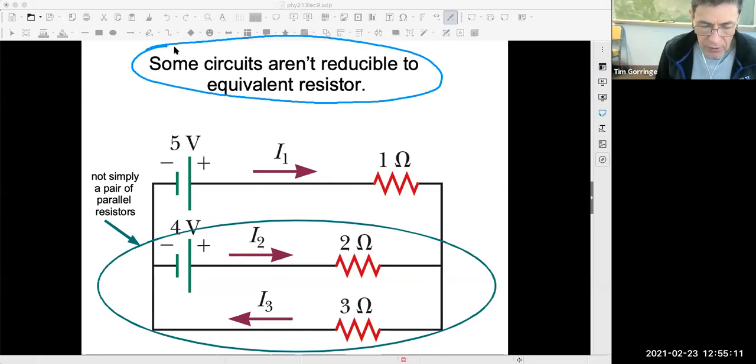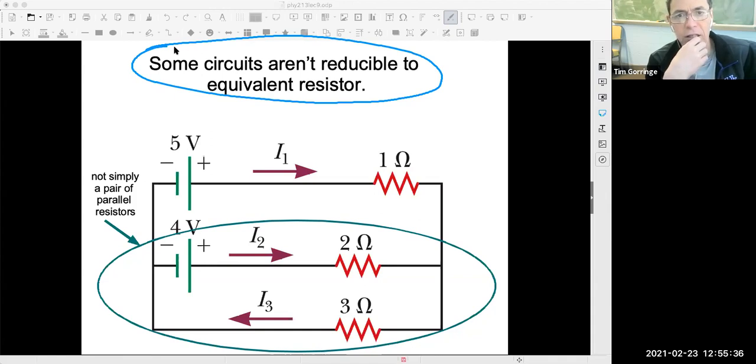In the last problem, we reduced the circuit to a single equivalent resistor. But in this problem, I guarantee you, there's no way you can solve this by reducing this circuit into a single equivalent resistor. If you look at this circuit, how did we start the last problem? That's a good question.